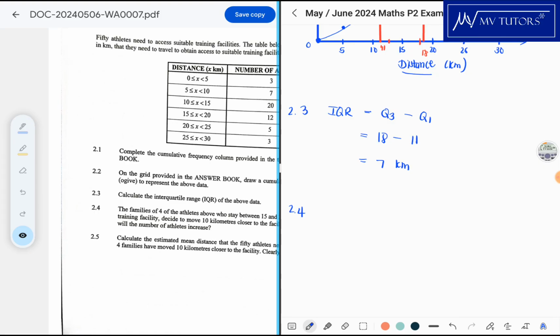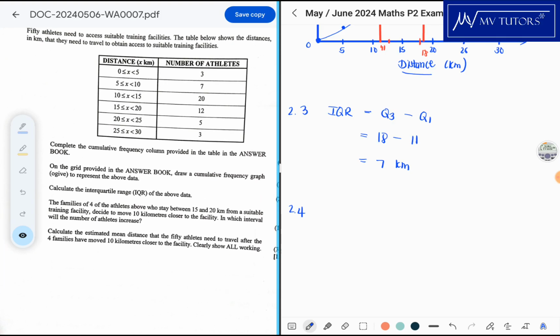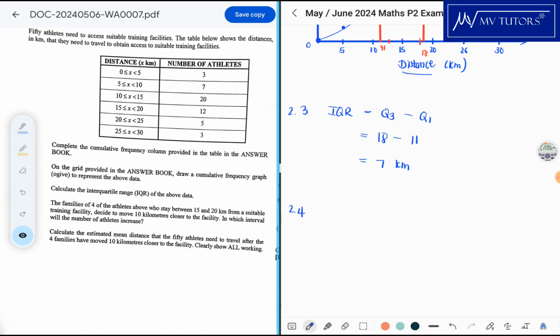2.4 says the families of 4 of the athletes above who stay between 15 and 20 kilometers from a suitable training facility decide to move 10 kilometers closer to the facility. In which interval will the number of athletes increase?